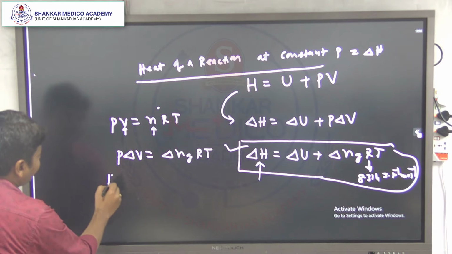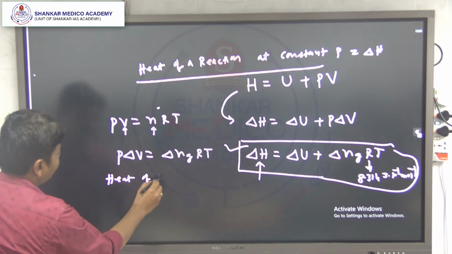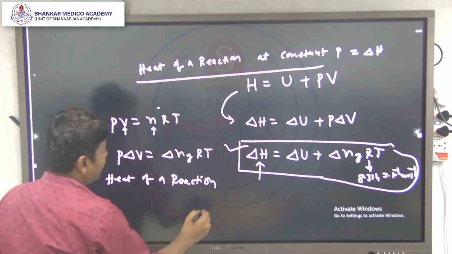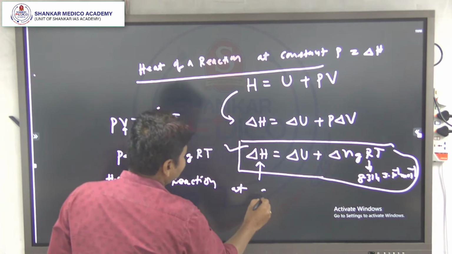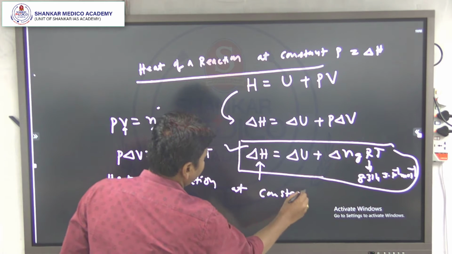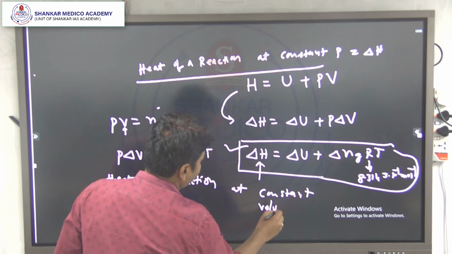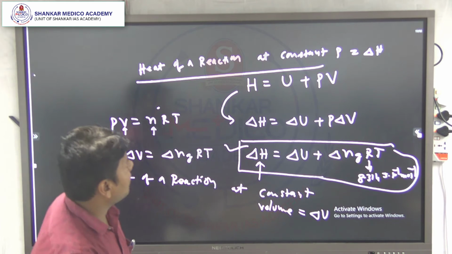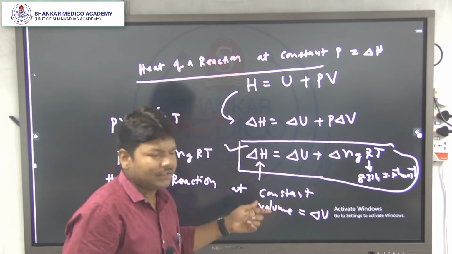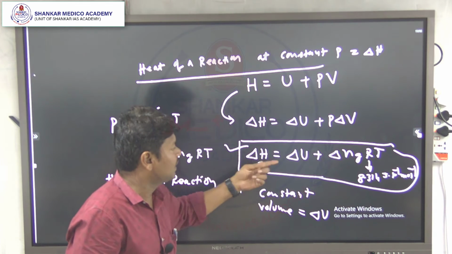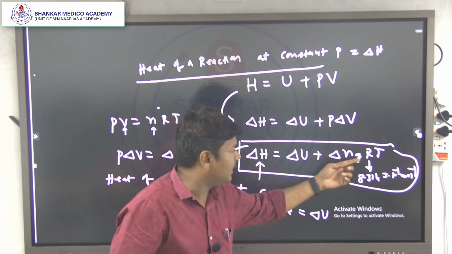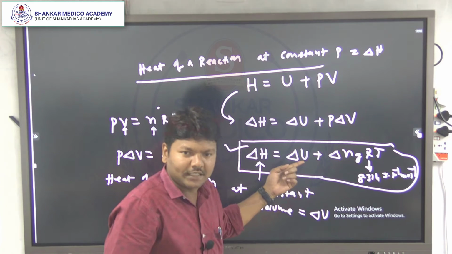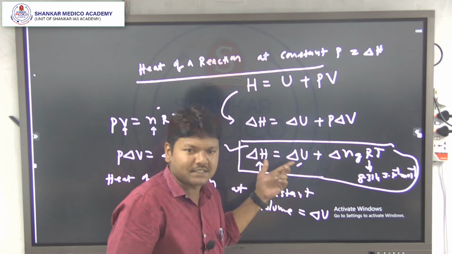Similarly, if heat of a reaction is given at constant volume, it is nothing but change in internal energy. The problem may directly ask that the enthalpy of this reaction is this much, the reaction you will be knowing and at what temperature it is carried out, and you need to calculate internal energy. So the problem may be asked directly.